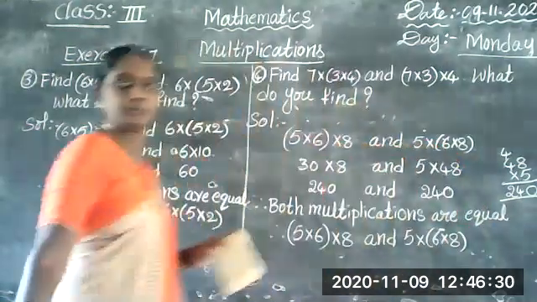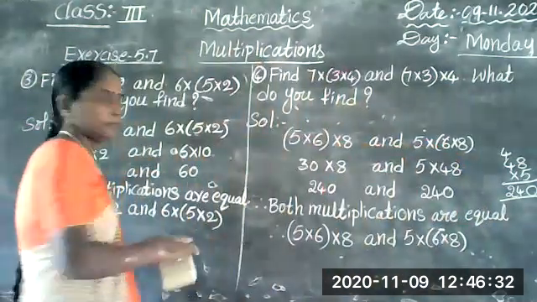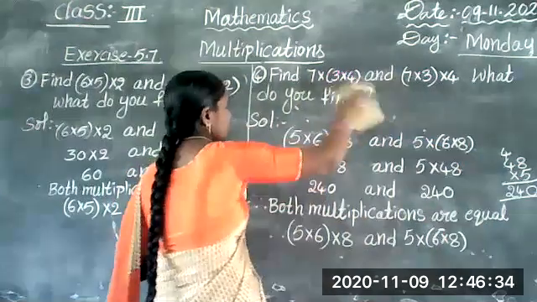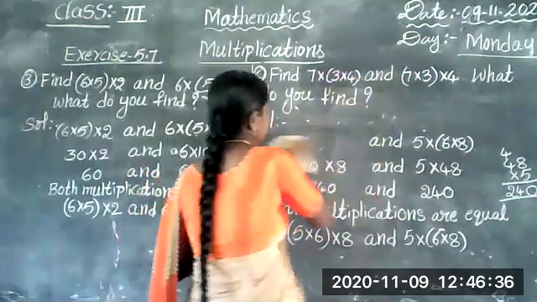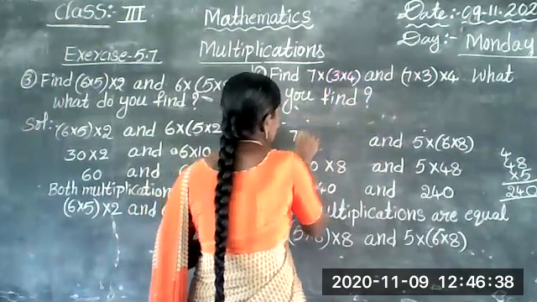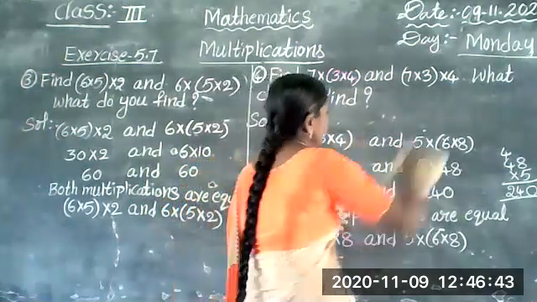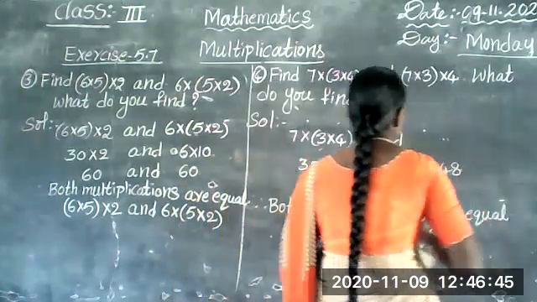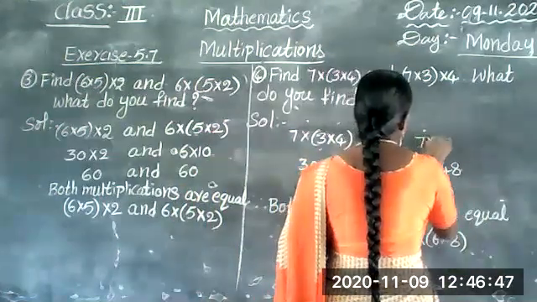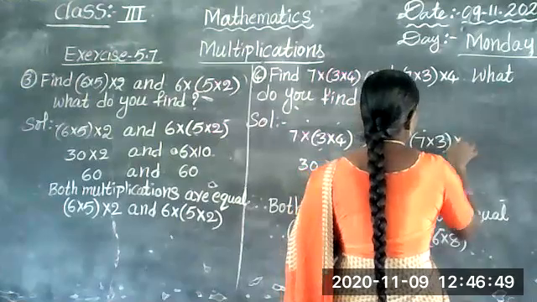What do you find? First step, same. Write down the given problem first of all. 7 into 3 into 4. 7 into 3 into 4.